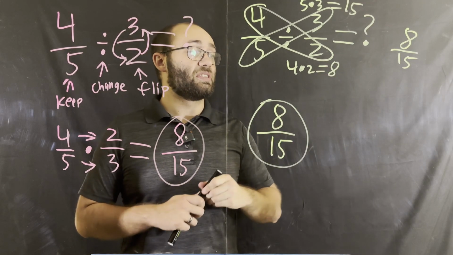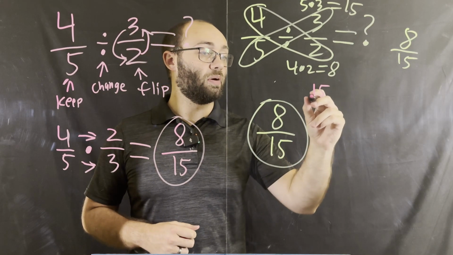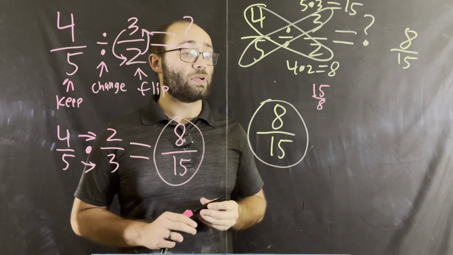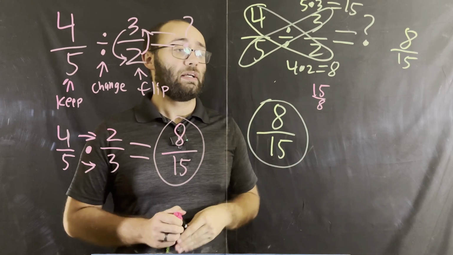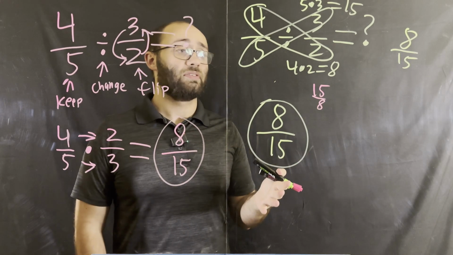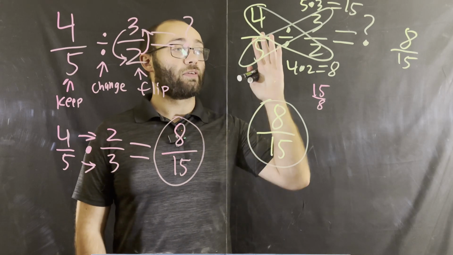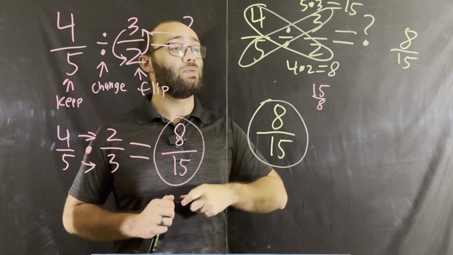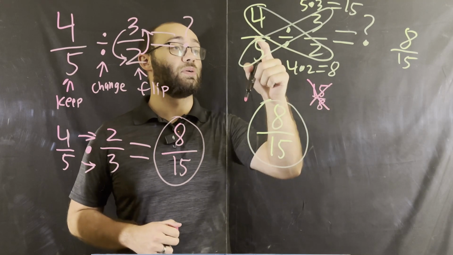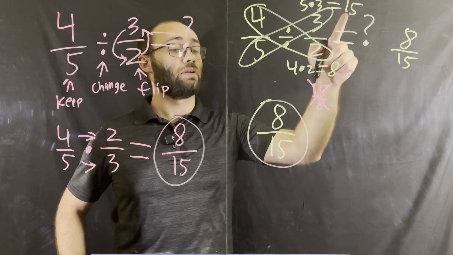Because if you wrote instead 15 over 8, you would have gotten it wrong, when in reality the answer was 8/15. So a word of caution with this one, make sure that you know which number goes on top and which number goes on bottom.